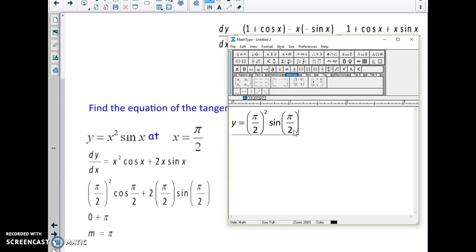It kind of feels like we've already done this a little bit, right? So sine of pi over 2 is 1. So I'm just squaring this thing. So it's literally pi squared over 4 is the y value. So now I have both the y value and the x value figured out.